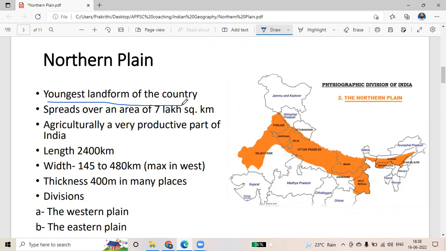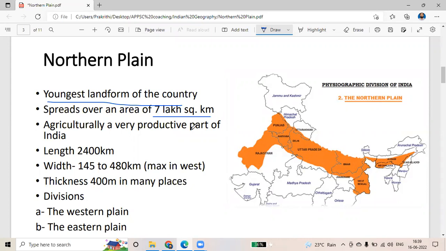Deposition still happens. It covers an area of 7 lakh square kilometers. India has a total area of about 32 lakh square kilometers, so almost one-fourth is covered by this northern plain, or just below that.